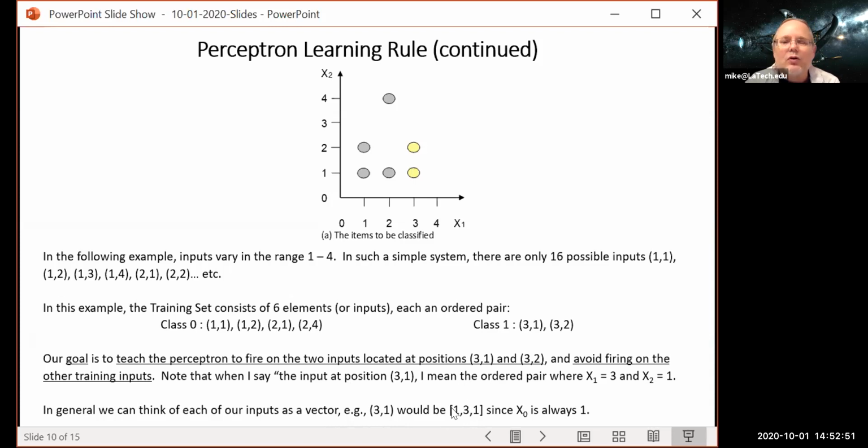There'll always be a 1 at the front here because you always set x0 to 1. Okay? Does that make sense? Are there any questions at this point that I need to answer before I move forward? Okay, I think we're still going good here.